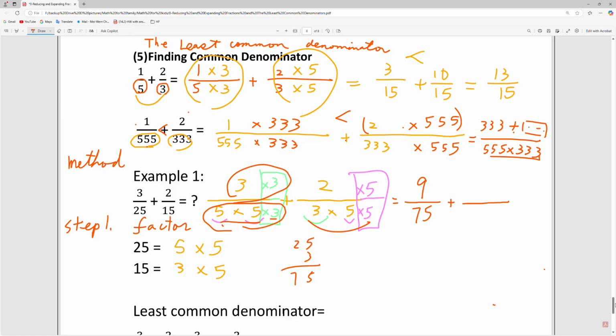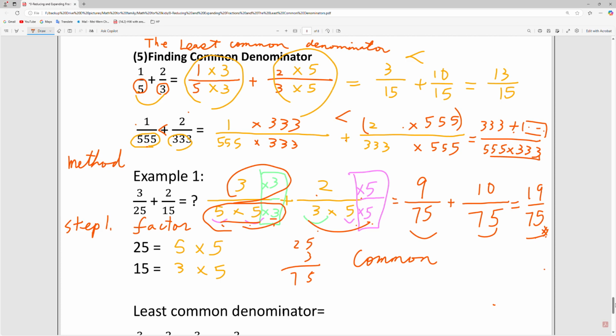And this should be the same thing, 5 times 5 times 3. You don't need to calculate again. They should have the same denominator because we are finding the common denominator. So same denominator. 2 times 5, 10. So plus together, you have 19 over 75. If you need to reduce, you have to reduce. In this case, we cannot reduce. So this is our final answer.